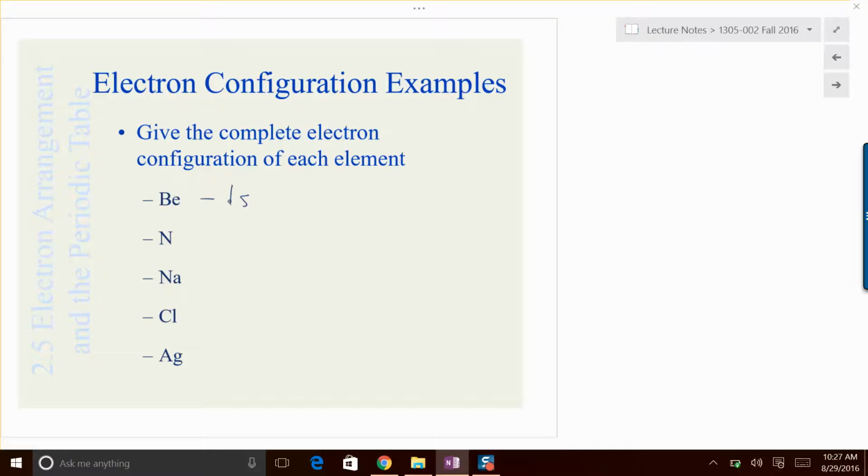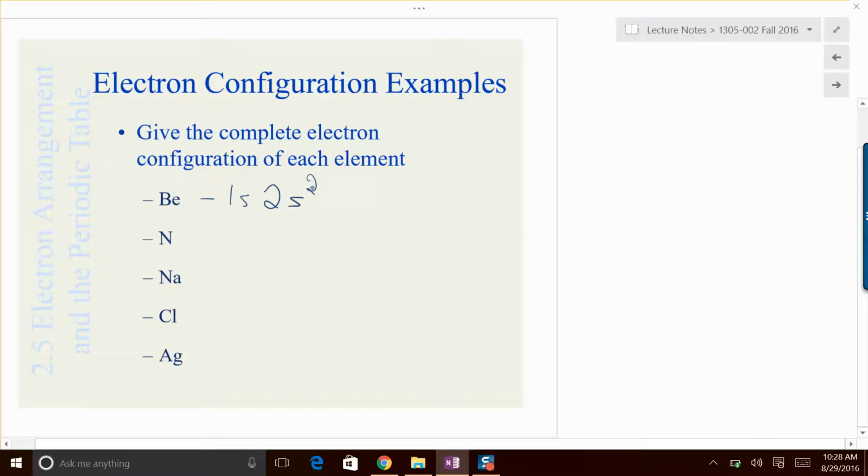So helium is also in the 1s. To get to beryllium, I start in the 1s. What comes after the 1s? Read your periodic table. What comes after helium? Lithium and beryllium, which are in the 2s. Now, what is the position of beryllium in the 2s? 2s2.